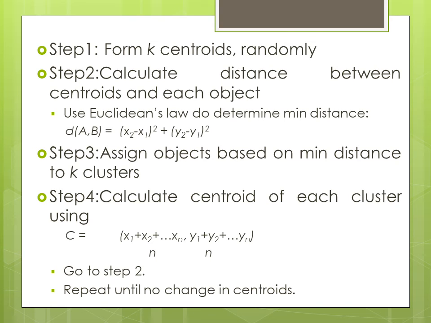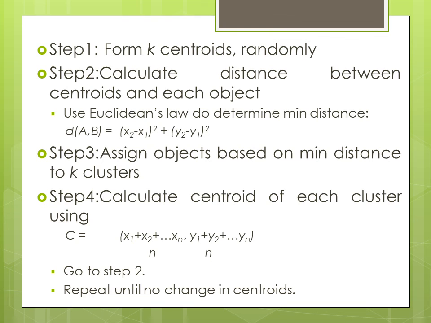After the centroid has been recalculated, I have to go back to step 2 and, using again the Euclidean distance, calculate the minimum distance for all the data objects from the new centroids that I have got.